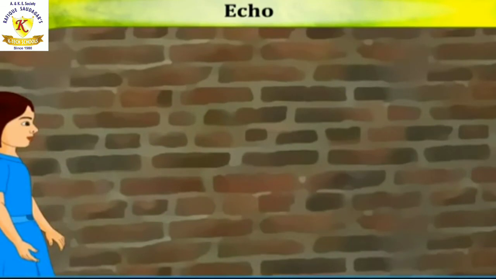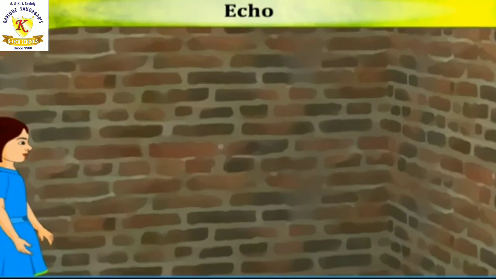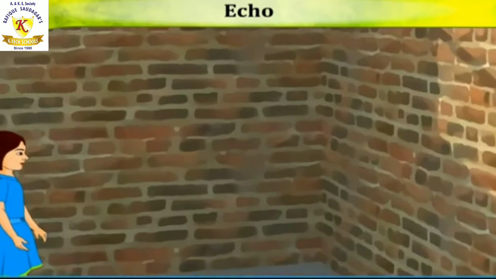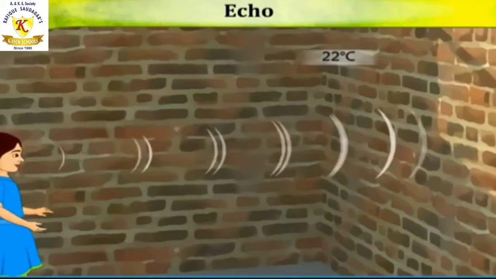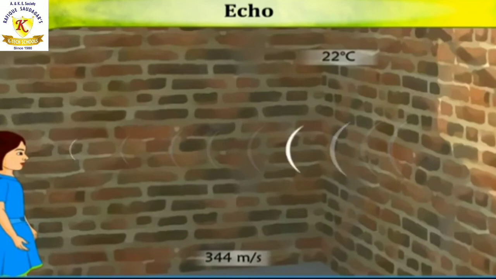In order to be able to hear the original sound and its reflection distinctly at 22 degrees Celsius, what must the minimum distance be between the source and the reflecting surface? Yes, at 22 degrees Celsius, the velocity of sound in air is 344 meter per second.